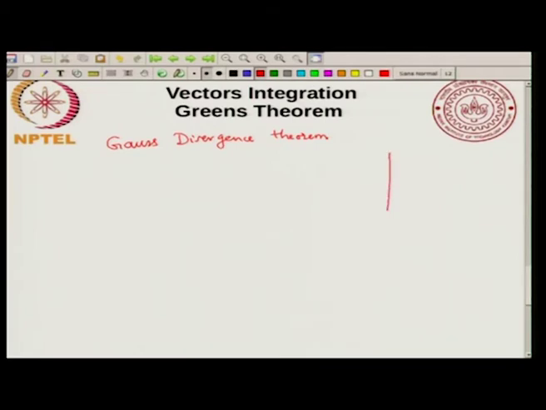Suppose you have x, y, z, and let us say you have some volume V. The surface enclosing this volume is S. So S is the surface enclosing volume V.